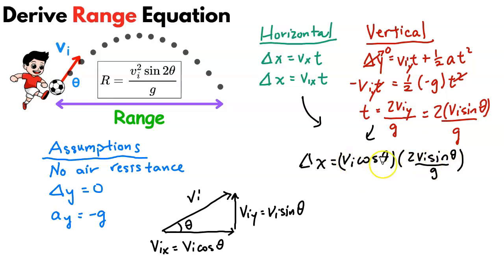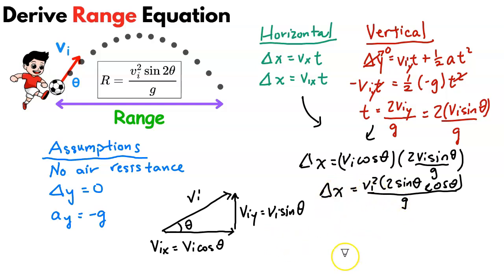Let me rewrite this a little bit. Delta x is equal to, combining the vi's, vi squared times 2, and then a sine theta and a cosine theta, all over g.